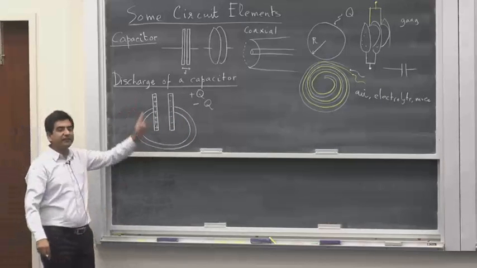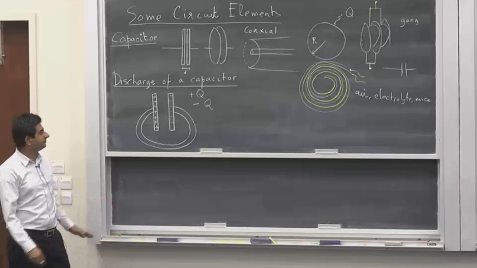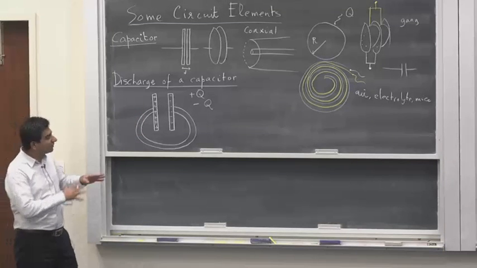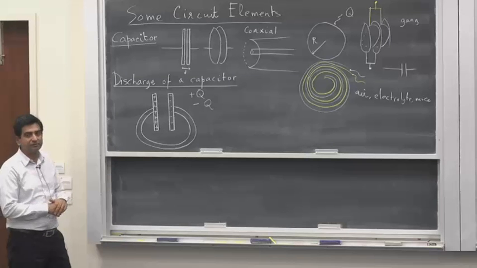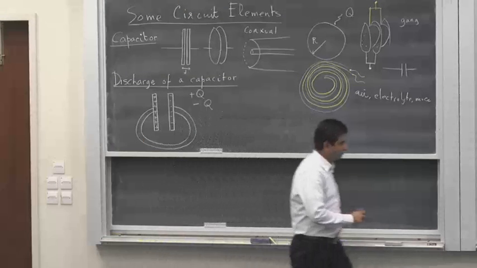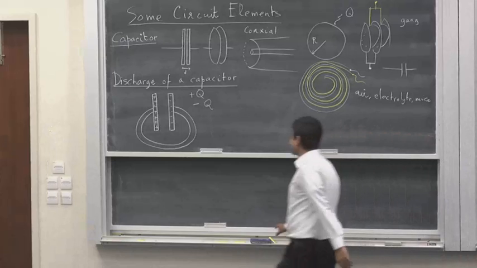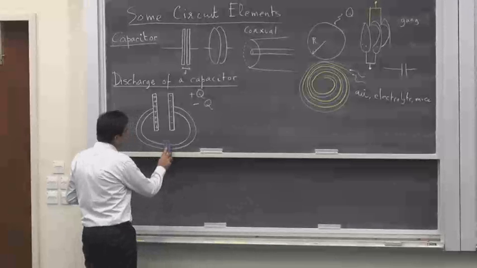Now this is not an infinite plate. We would like to see how does this object discharge, and what happens to the electric field inside this configuration. For convenience, I would like to draw a bulb here.